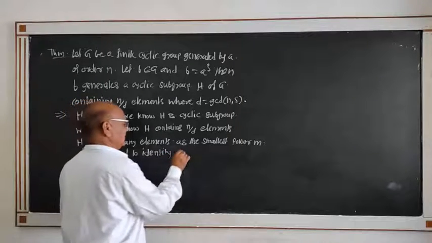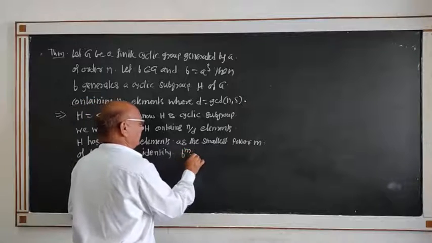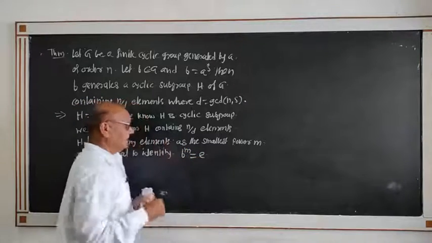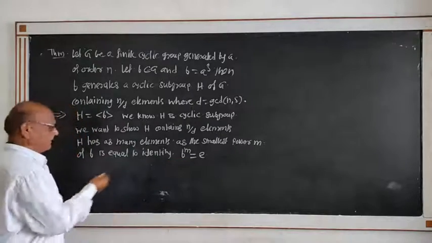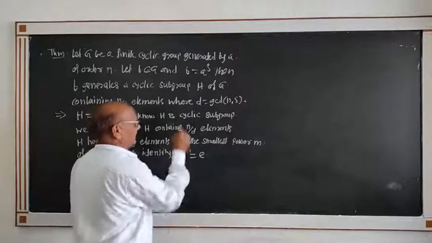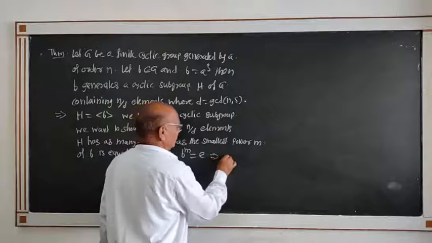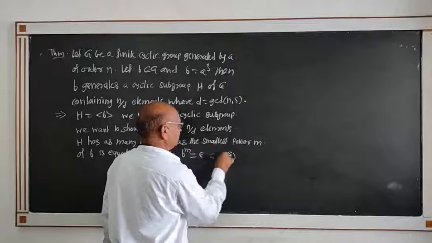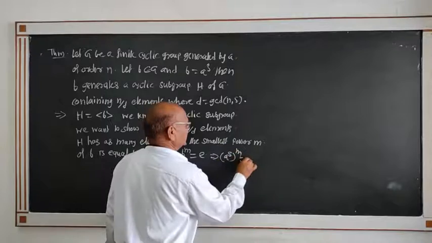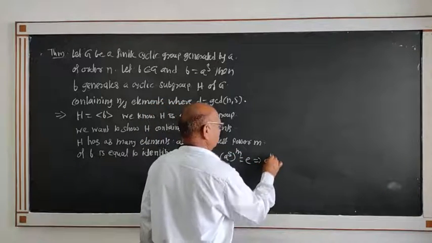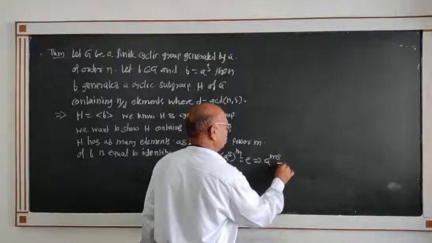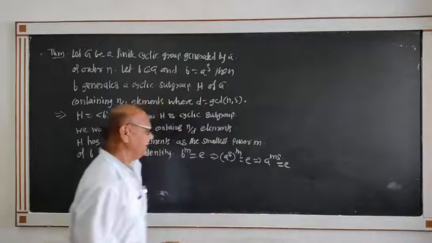That means B to the power m is equal to identity. Putting the value of B as A to the power s, this gives A raised to s to the power m is equal to identity. This implies that A to the power ms is equal to identity.